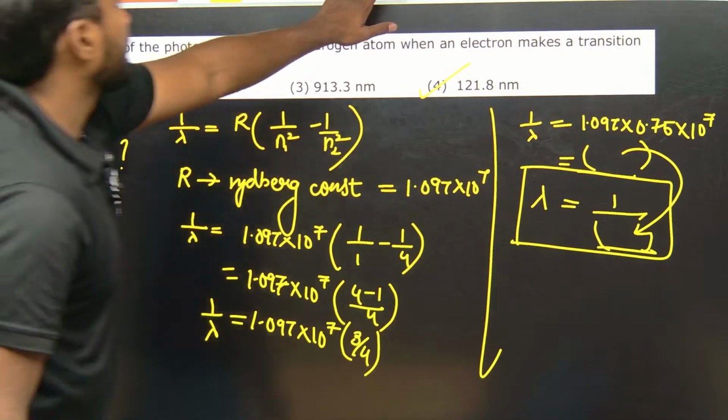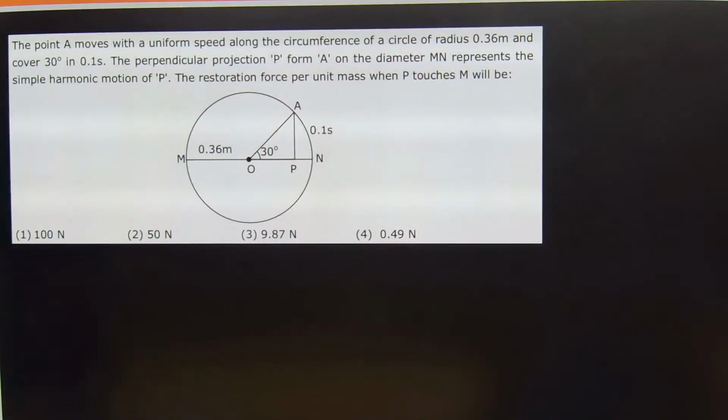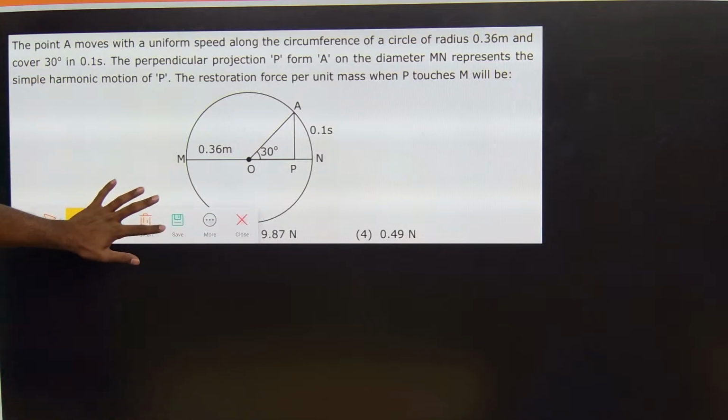So the next question is: the point A moves with uniform speed along the circumference of a circle of radius 0.36 and it covers an angle of 30 degrees in 0.1 seconds.